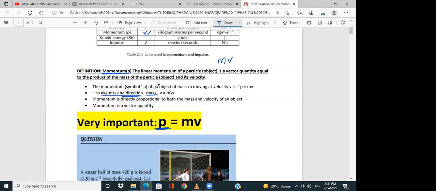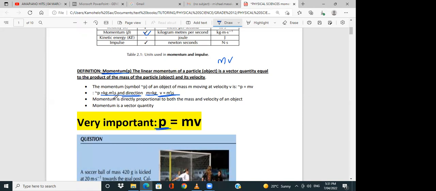Even if they give you your mass in grams, milligrams, micrograms, or any other unit, you have to convert it into kilograms every single time. So let us not make mistakes when writing tests. And last but not least, we have the velocity, which we measure in meters per second.